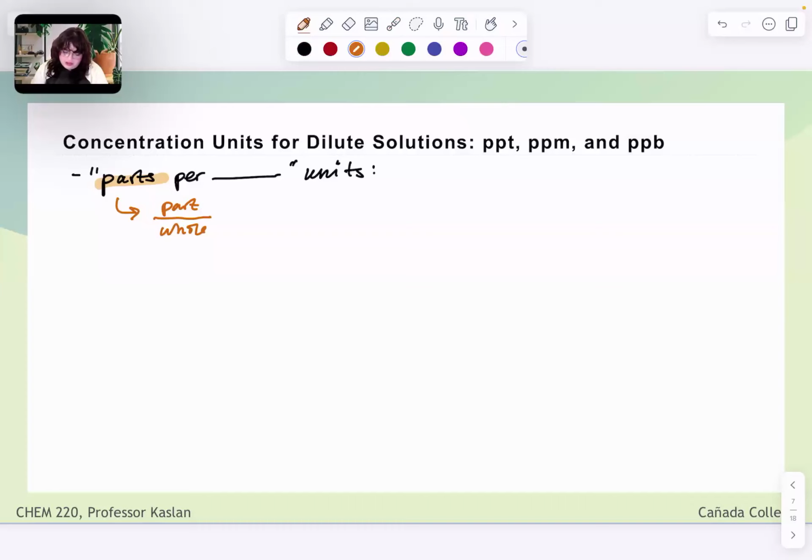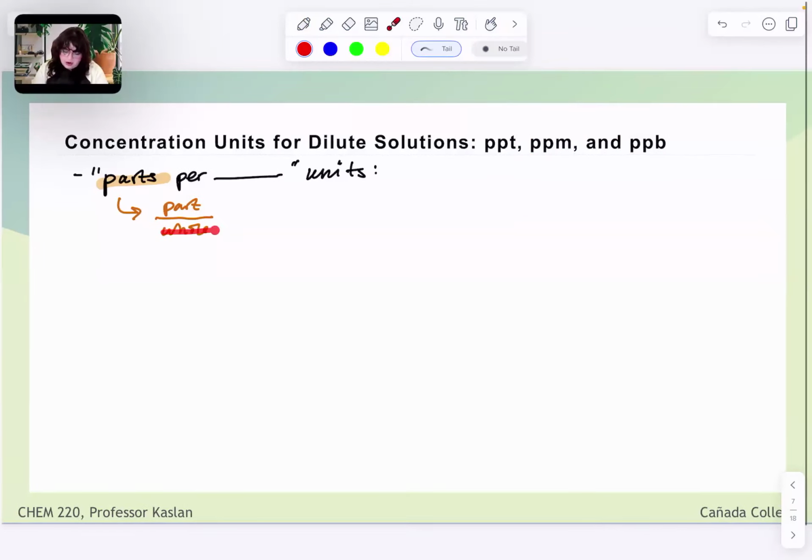The question is, depending on which of these three definitions we're looking at, PPT, ppm, and ppb, what is the whole? So what is the denominator in this unit expression?